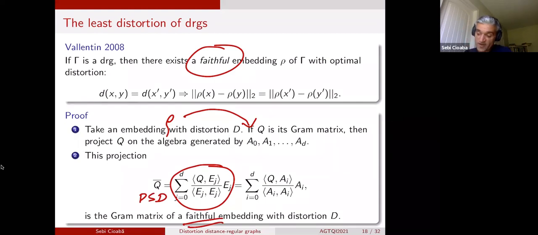That simplifies things, because remember that when we had this complicated expression with the numerator and denominator, at the denominator we always look for adjacent vertices x and y. And what this is saying, for distance regular graphs, at the numerator you're just looking for one of the distances from 1 to d to put there, because you're always going to have a faithful embedding.